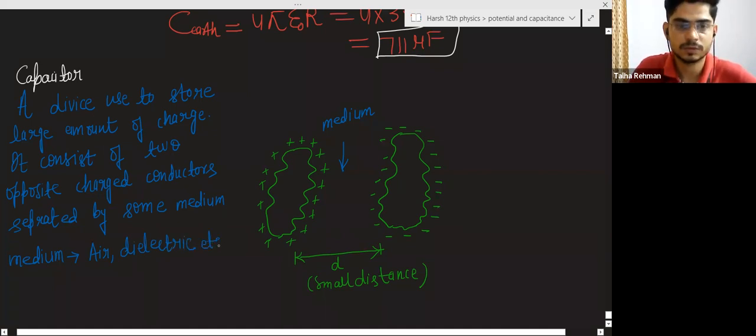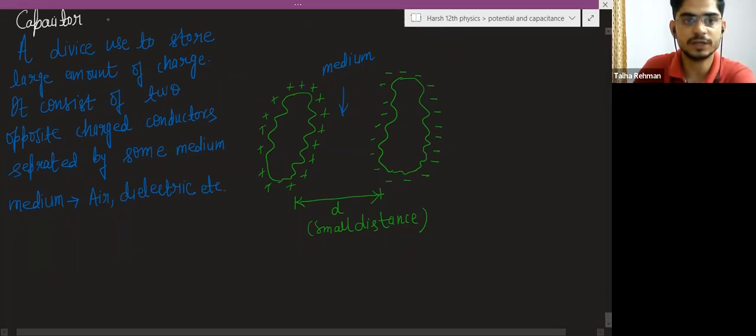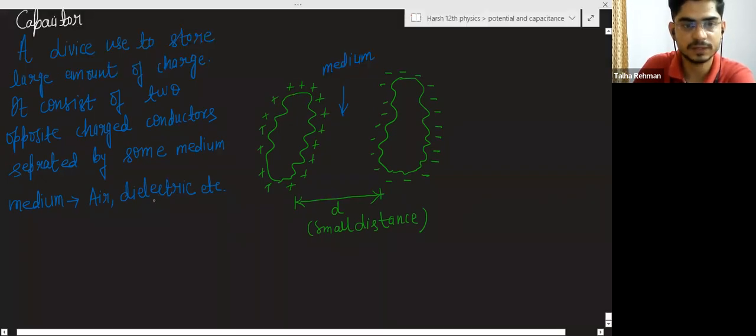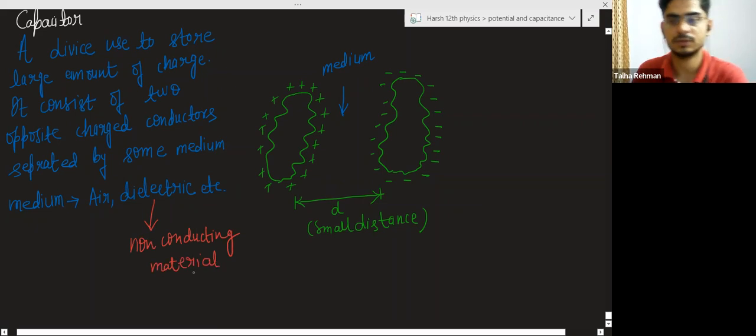Generally, in the capacitor we introduce air or a dielectric. And a dielectric is something which is not conducting, a non-conducting material, like mica and all these things.